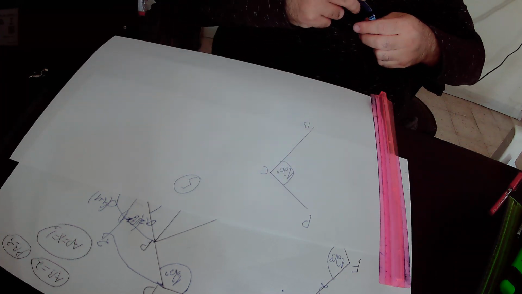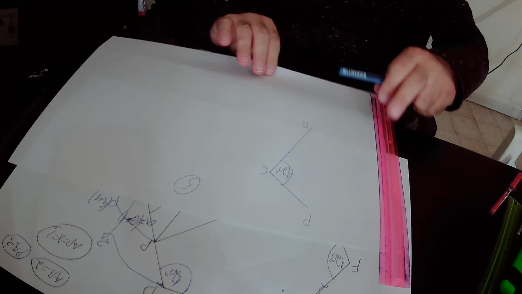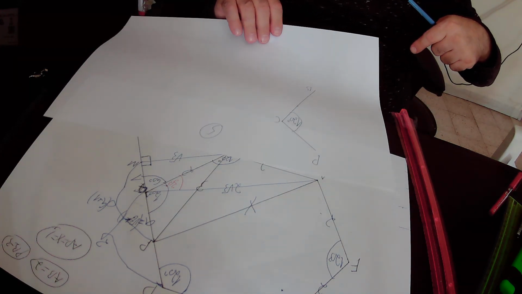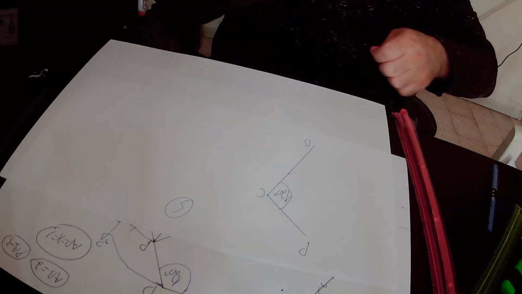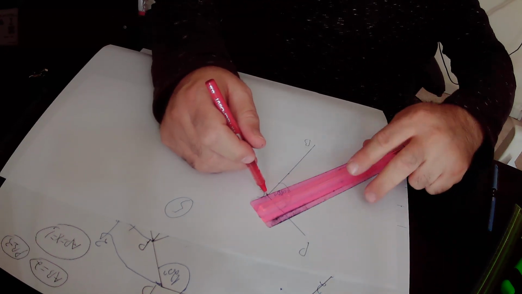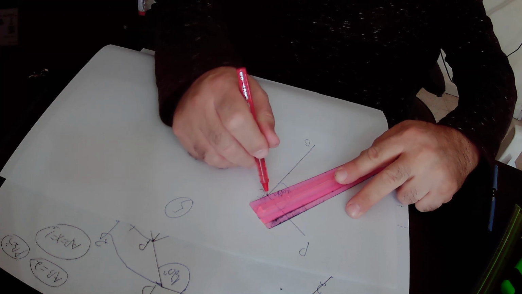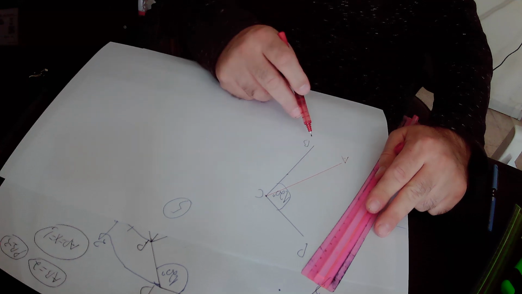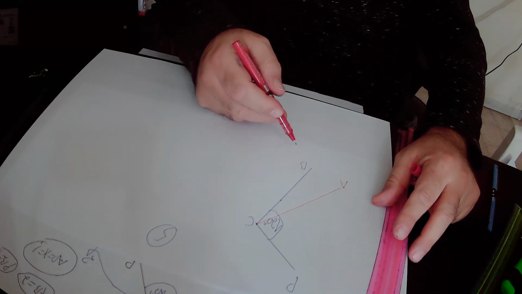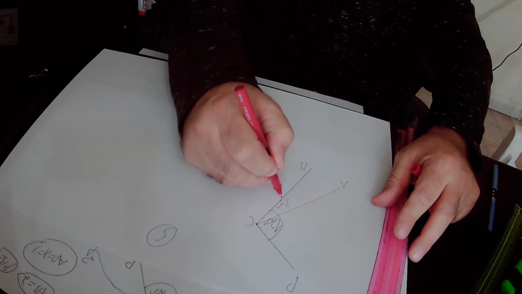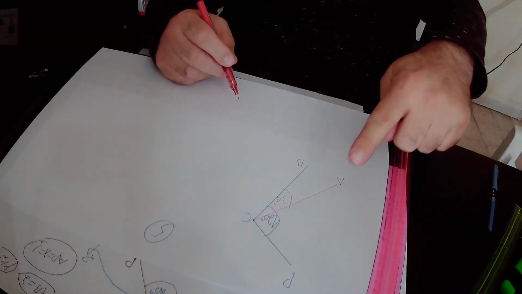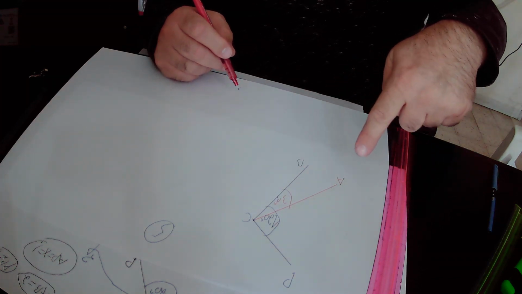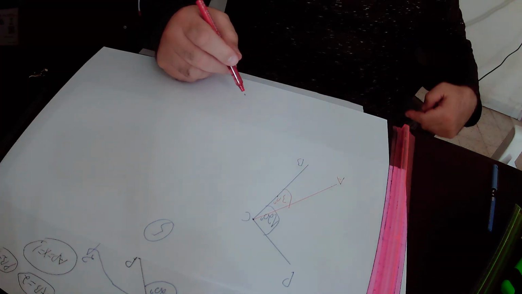We have the small angle ACB that is equal to 30 degrees. And therefore the missing angle PCA will be equal to the big angle PCB minus the small angle that is ACB.